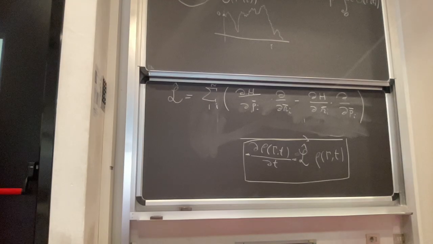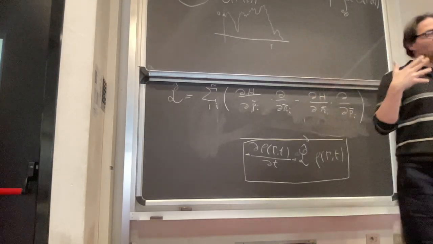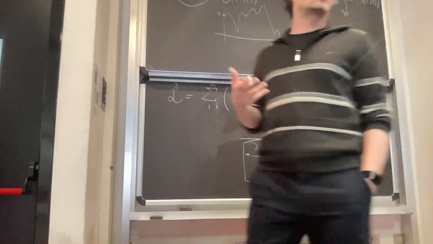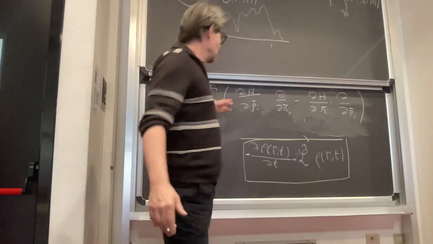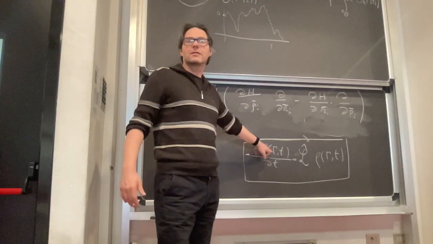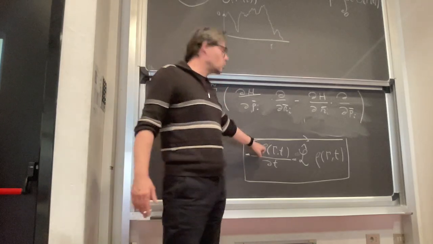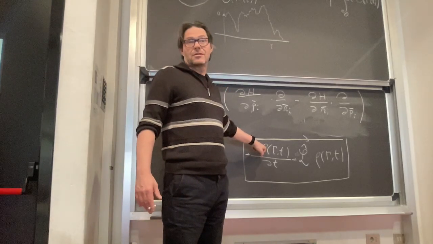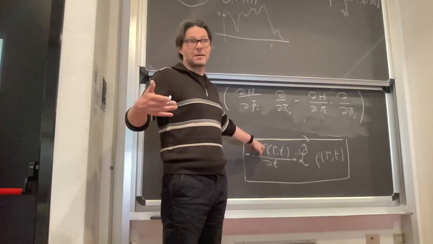I would like you to revisit, if you go back to the notes that I sent you, or if you watch back the lectures over the video, you will be able to trace back how we derived this. Basically everything we did was to apply a total derivative to this, and then use the chain rule.